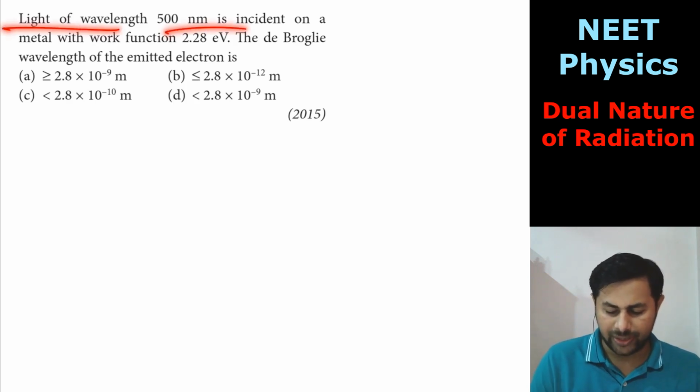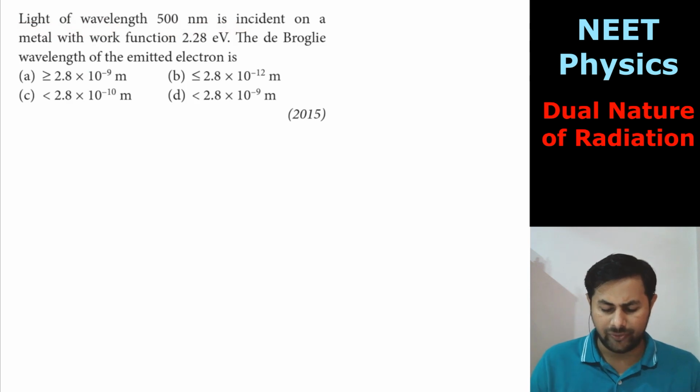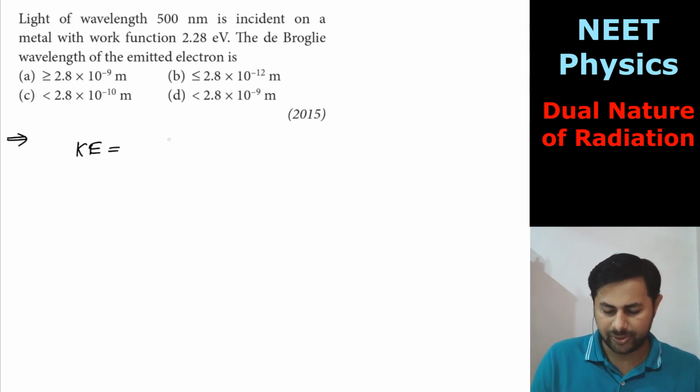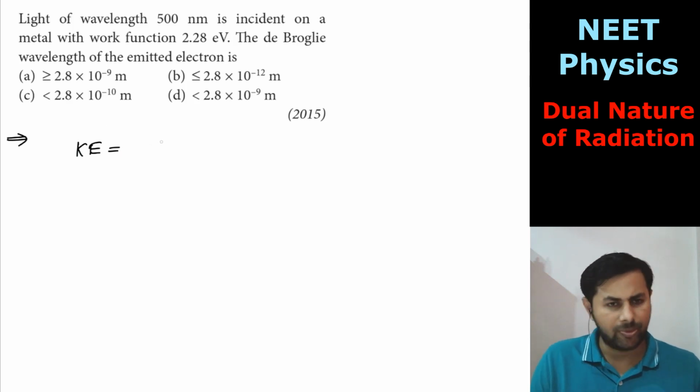Light of wavelength 500 nanometer is incident on a metal with work function of 2.28 electron volts. The de Broglie wavelength of emitted electron is, simple. So just find out kinetic energy.